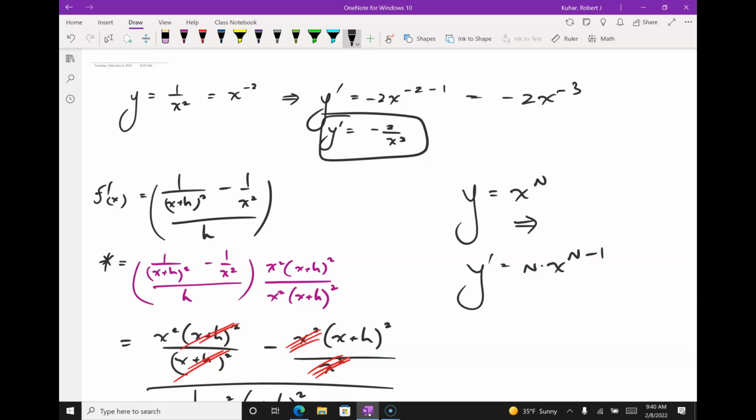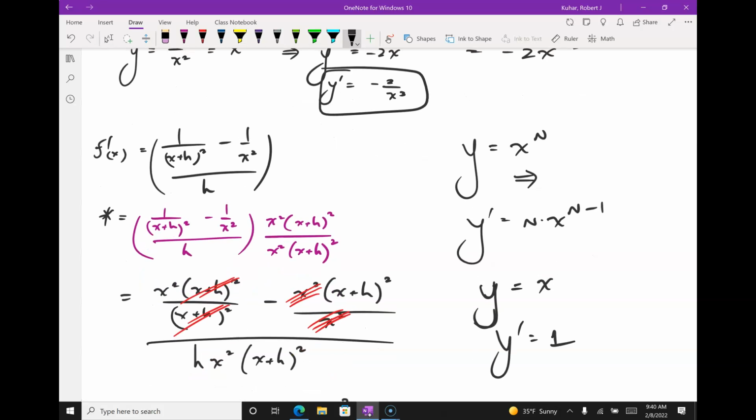When the power is 1, it's an mx plus b, right? If y equals x, y prime is 1. When I get an mx plus b, my derivative is always the slope.